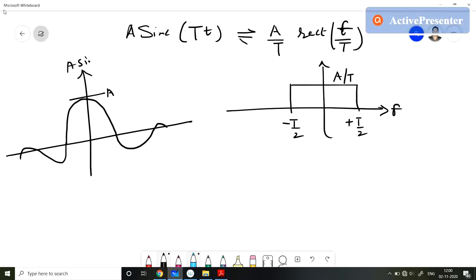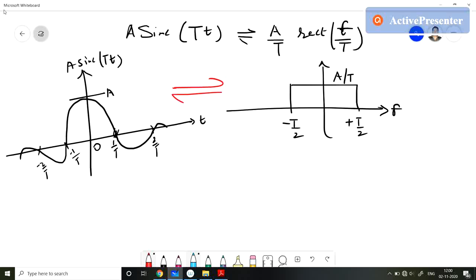This is A sinc(Tt), the sinc function. This is 0, and this is 1 divided by T, this is 2 divided by T, and this is minus 1 divided by T, this is minus 2 divided by T. If we carefully observe, the Fourier transform of A sinc(Tt) is this signal.